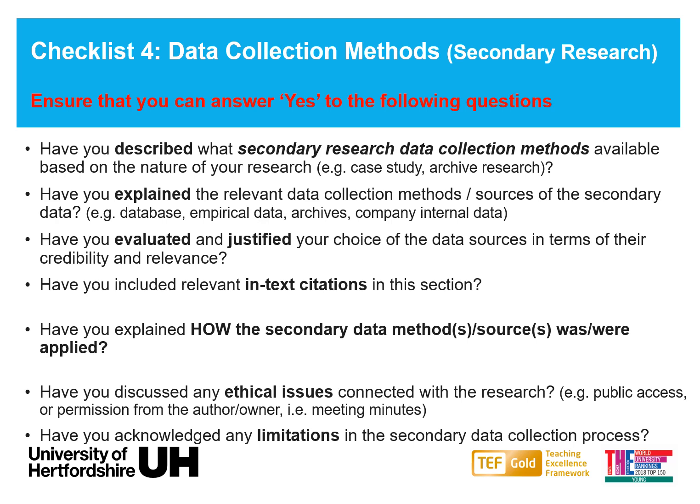Okay, and also you have to check whether they have acknowledged any potential limitations in the data collection process of the secondary data. For example, you may say the data is only available for 5 years, so you can't claim a historical trail of data. Okay.